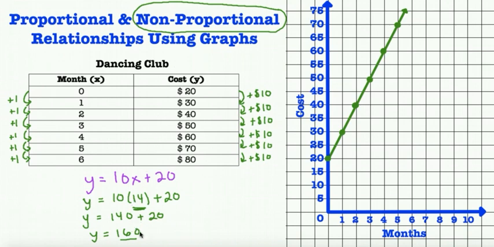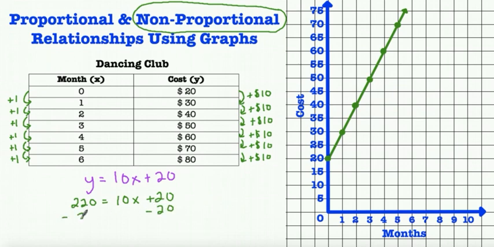So if we wanted to figure out now the number of months, let's say we had $220. So in order to figure out how many months that could be, we'd have to solve for x. So the first thing we do is subtract both sides by 20.